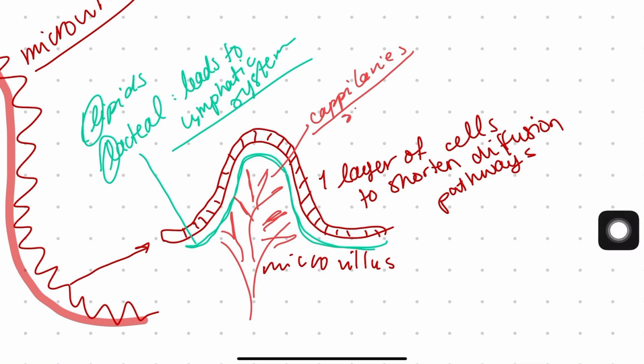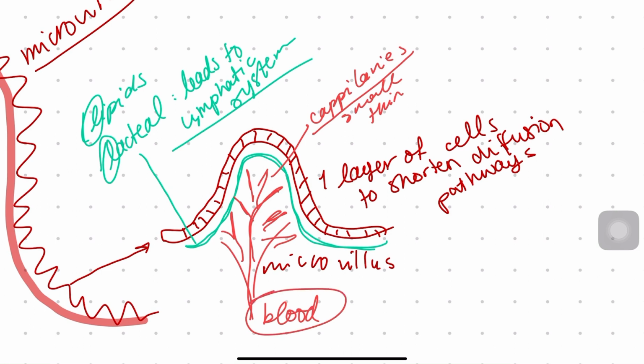They're really small and thin, the ideal blood vessel. They're going to take these nutrients and transport them into the blood. And this is going to be everything else other than the lipids. L for lipids, and the lipids are going in the lacteals. Everything else is going into the blood.